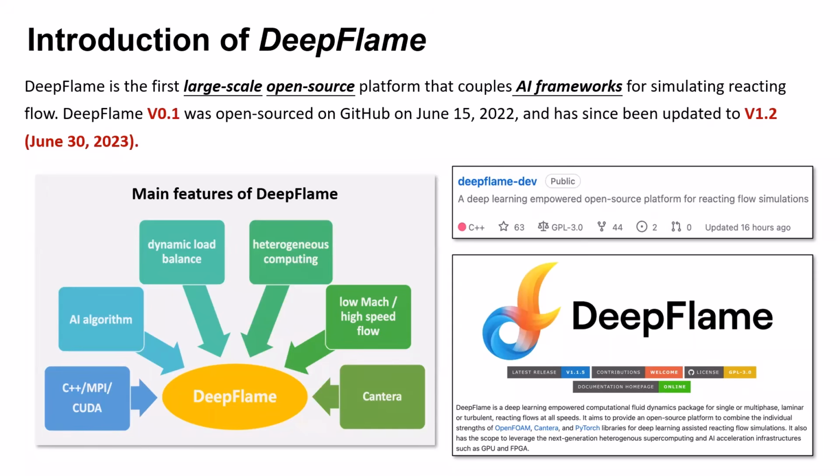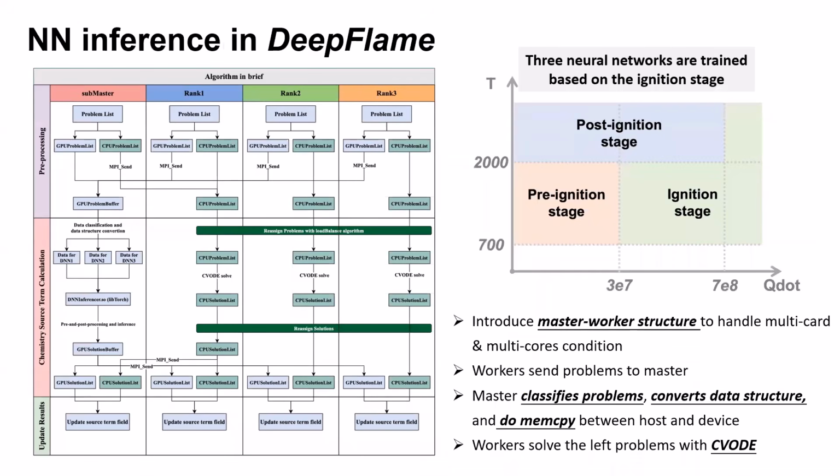First, I want to introduce how we do inference in deepflame. In this figure, we show that we actually use 3 neural networks based on the ignition stage. The ignition stage is determined by ourselves based on temperature and Q dot, which is the heat release rate.